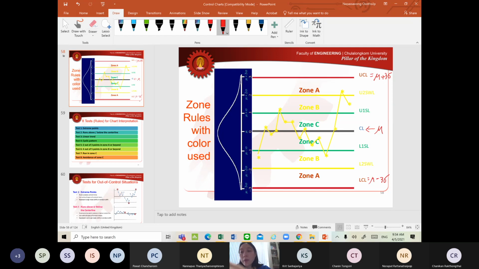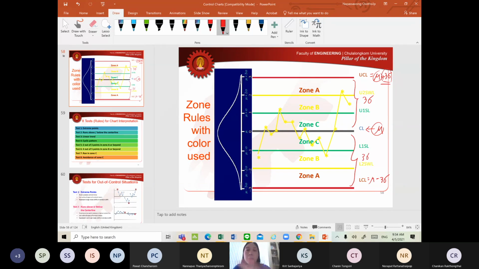So the area from the control limits to the center line is 3 sigma, right? Mean and mean plus 3 sigma. On each side, the area is 3 sigma.